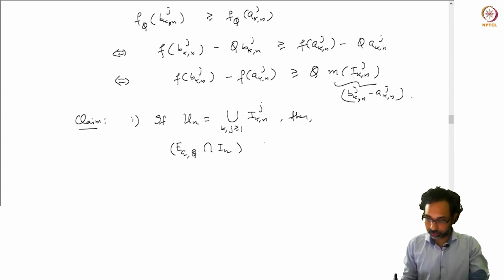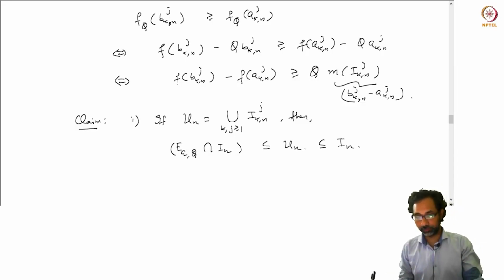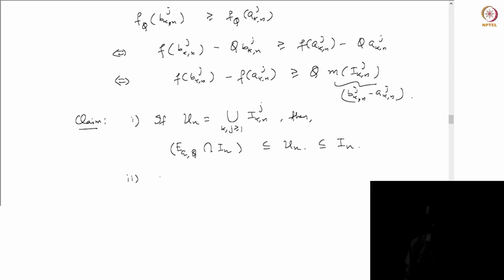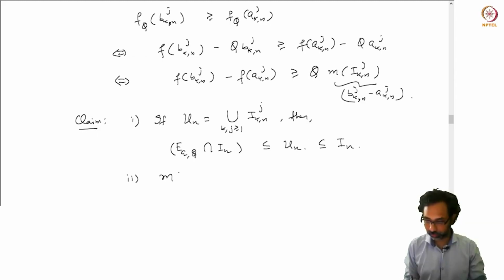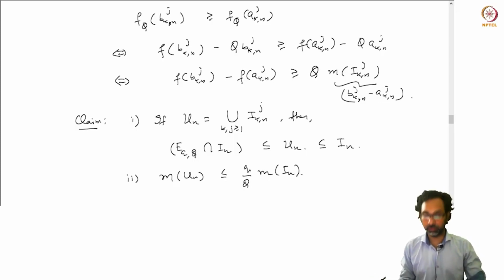And this set is a subset of U_n, and U_n is a subset of I_n. The measure of U_n is less than or equal to small q over capital Q times the measure of I_n. So let's see why these claims are true.